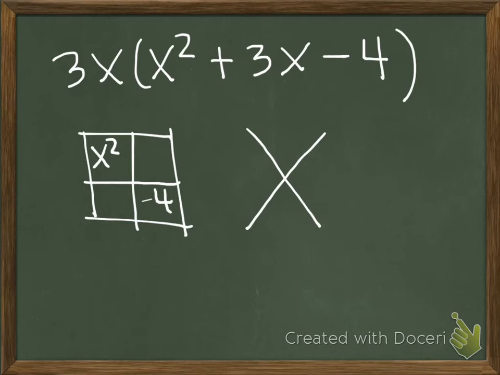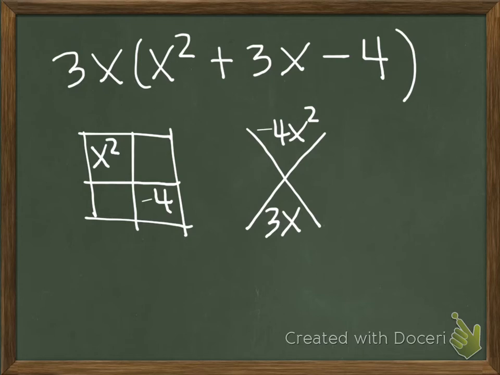Now I will give you time to set up your diamond. I got negative 4x squared on top and 3x on the bottom of my diamond. I hope you did too.